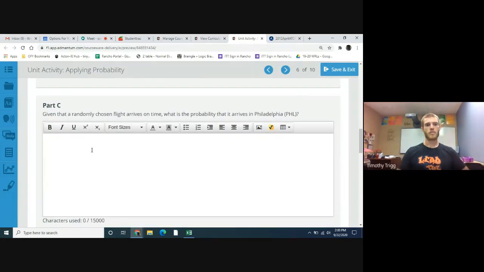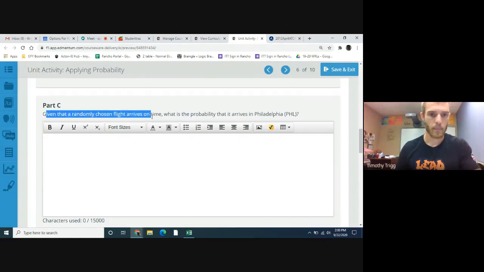Part C. Given that a randomly chosen flight arrives on time, what is the probability that it arrives in Philadelphia? Do you see where it says given that it arrives on time?